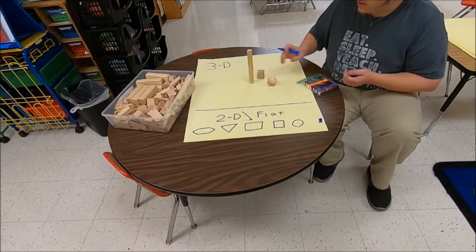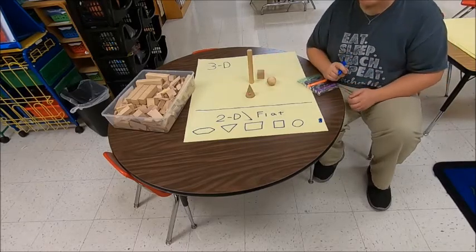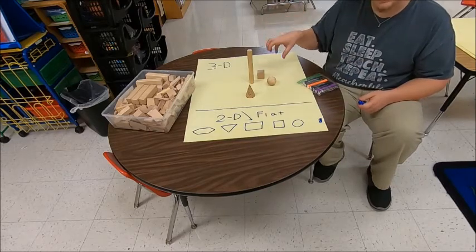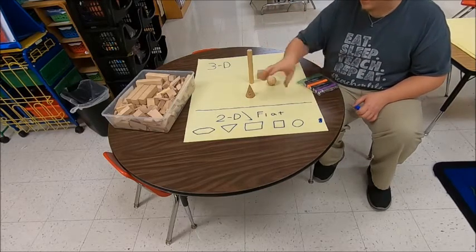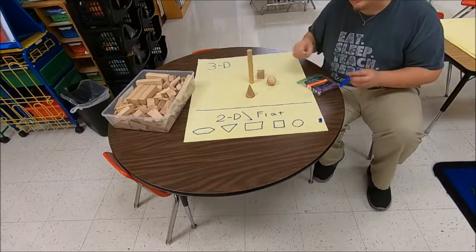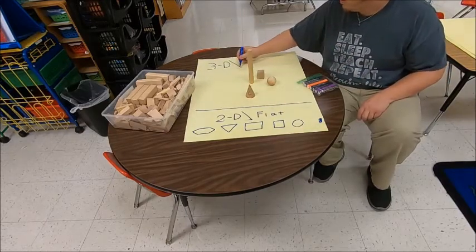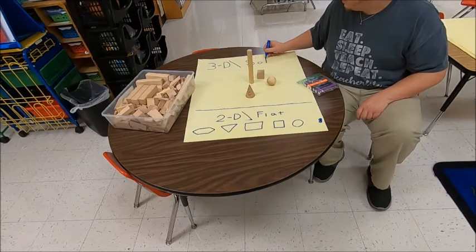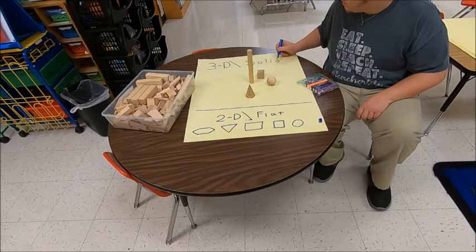So you can see that these stand up off of the page, and these shapes are called 3D solids. So we had 2D or flat shapes, and now we have 3D or solids. Let's remember this.